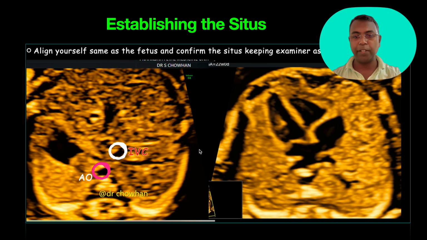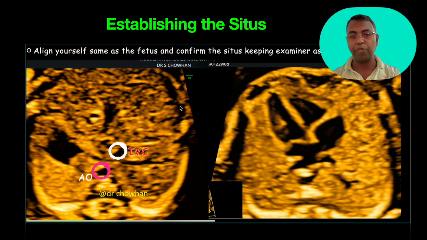Then we can put another picture of the heart, and we can see that the heart and the stomach are pointing towards the same side. But this is not the way to establish the situs. I have told you that I align myself towards the same lie of the fetus, and then I establish the situs.